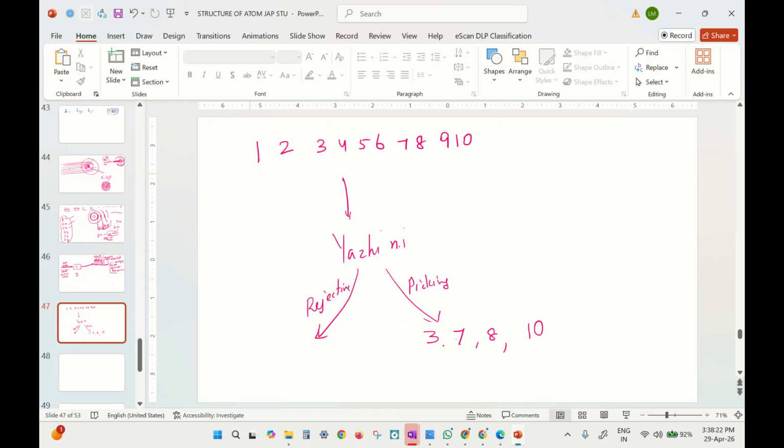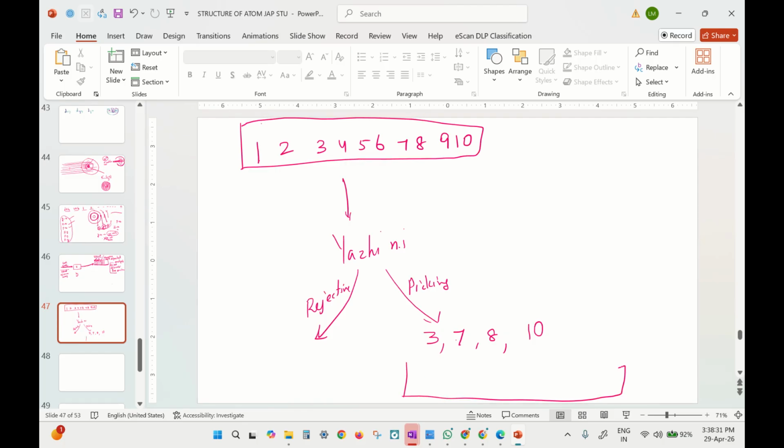Suppose I draw this as a black diagram. What numbers will I write? 3, 7, 8 and 10. The rest you did not choose: you did not choose 1, 2, 4, 5, or 6, etc. So they will be absent from this picture.